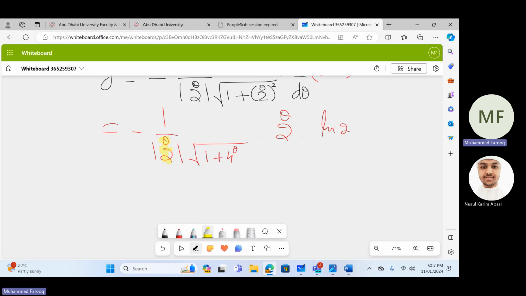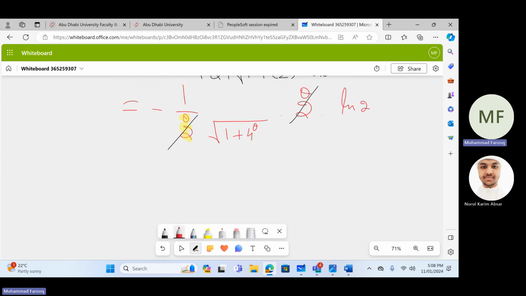I told you already, exponential functions are positive functions. Their answers are above the x-axis. Yes or no? Yes. So you can easily remove the absolute value and we can cancel. This is gone, and now finally what we are getting is negative.